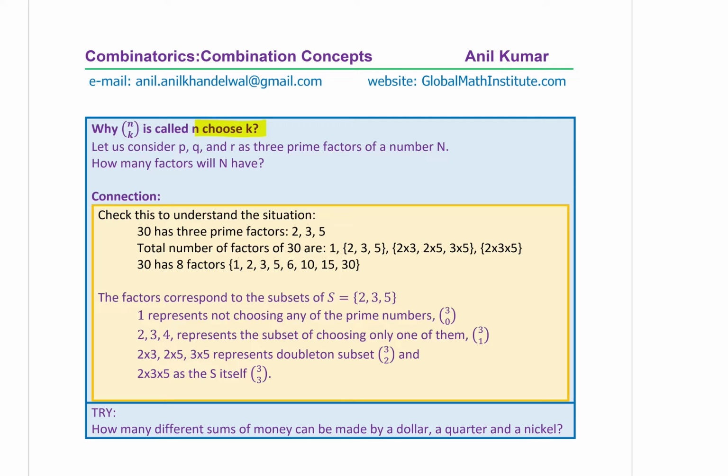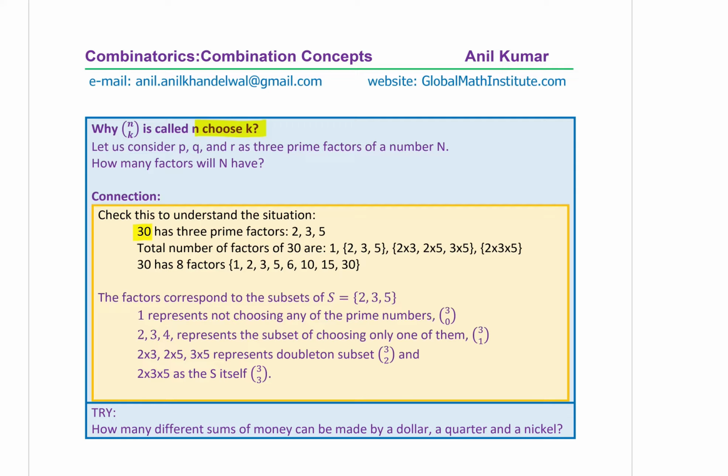Let us consider p, q, and r as three prime factors of a number n. How many factors will n have? That's a very interesting question asked many times in test papers. To understand the whole concept, we'll just check with a simple number, which is 30.